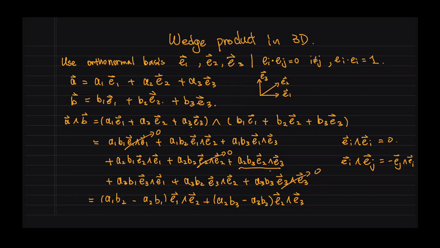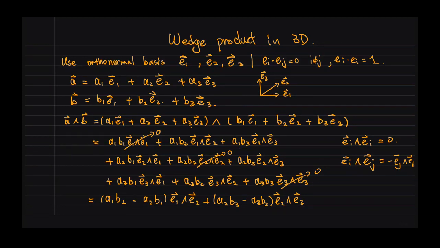So we have calculated this and this. What is left is to calculate this and this, because they are both sharing the same bivector but the direction is opposite. So we will flip E1 wedge E3 into E3 wedge E1.